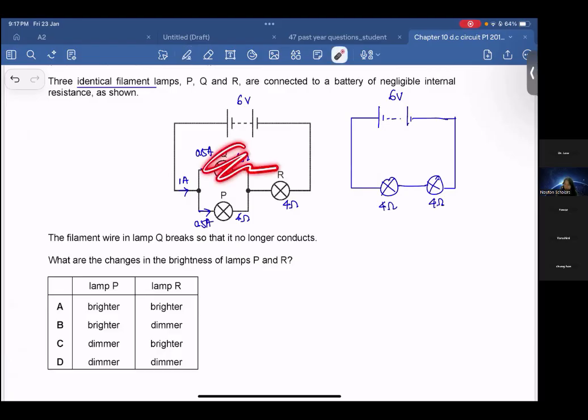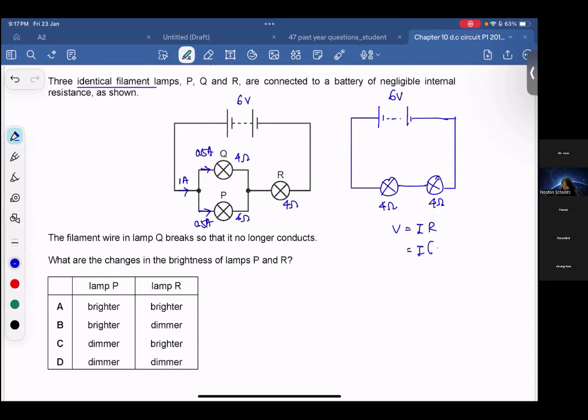Without the Q anymore, 4 ohm and 4 ohm is 8 ohm. So this one will become I equals to 6 volt over 8 ohm, the current becomes 0.75 ampere.